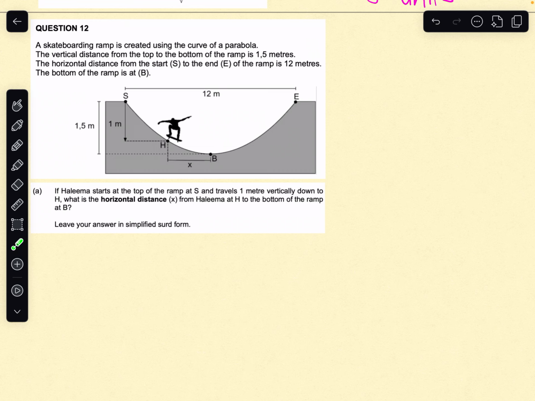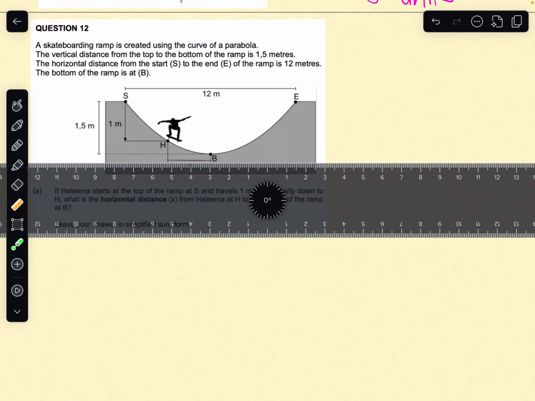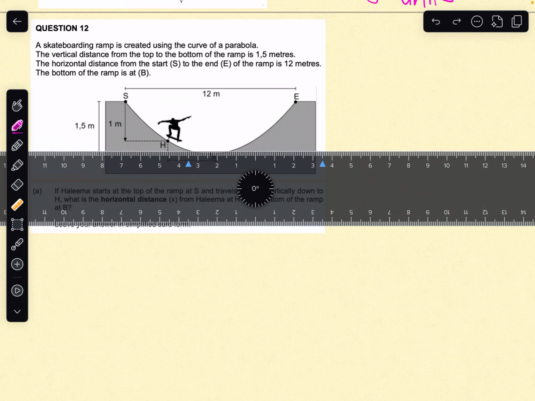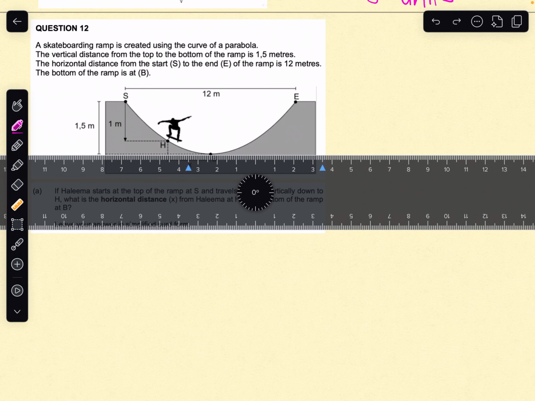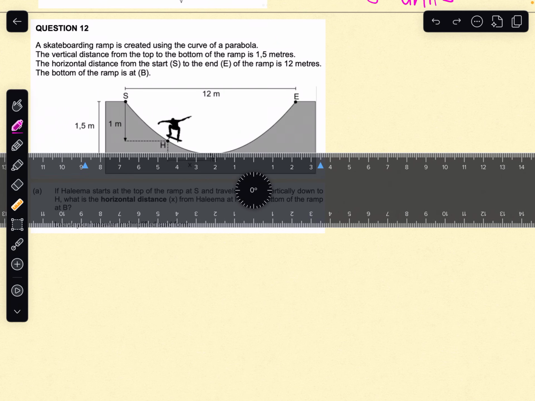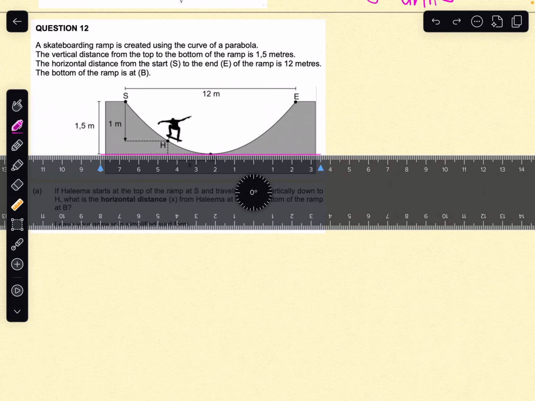You decide where you want your x and your y axis to be. Completely up to you. I am going to put my x axis here, where the turning point is.